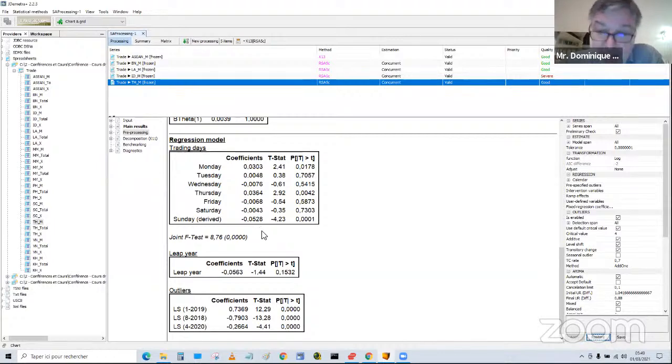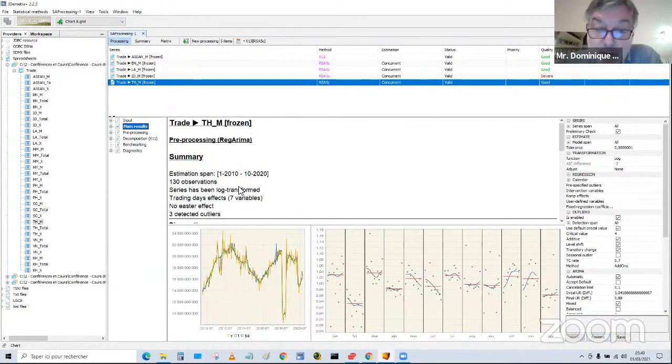When you have an additive model, you see that in levels. It doesn't change the results a lot, I guess. Is it clear for Thailand? Yes, thank you. You're welcome. Any other question?